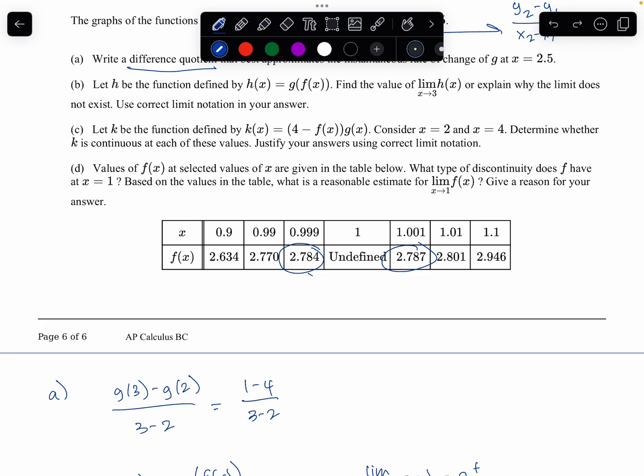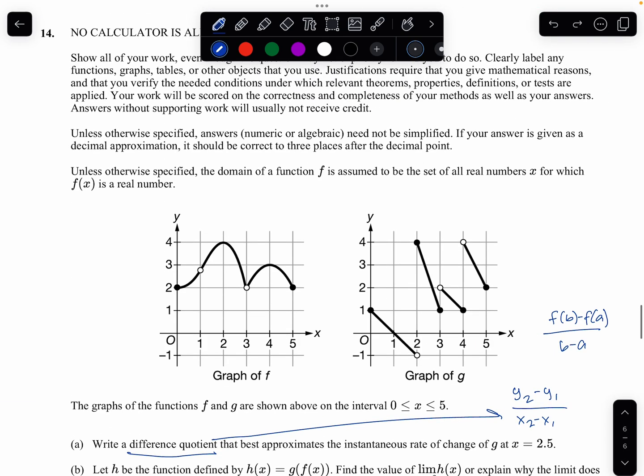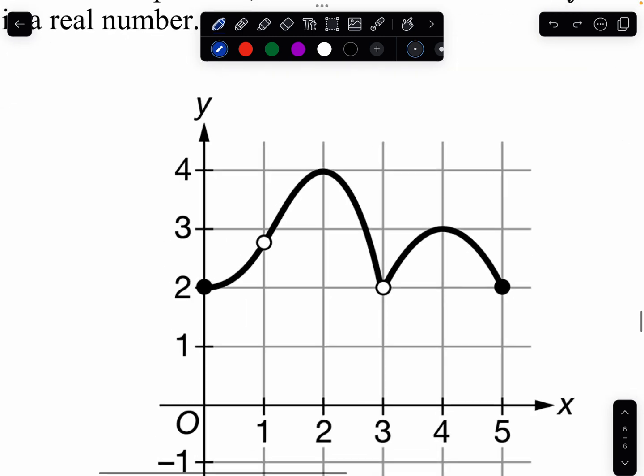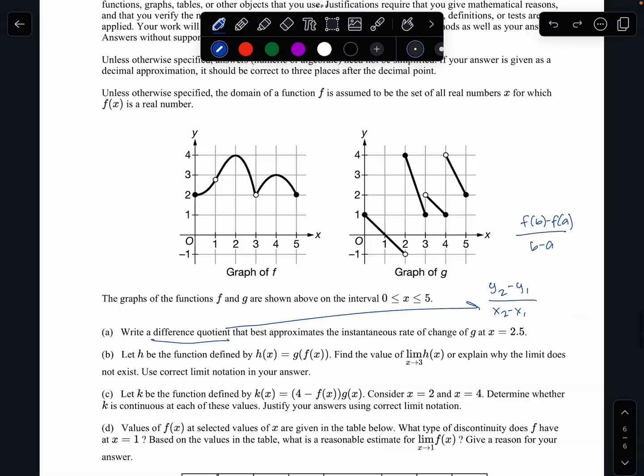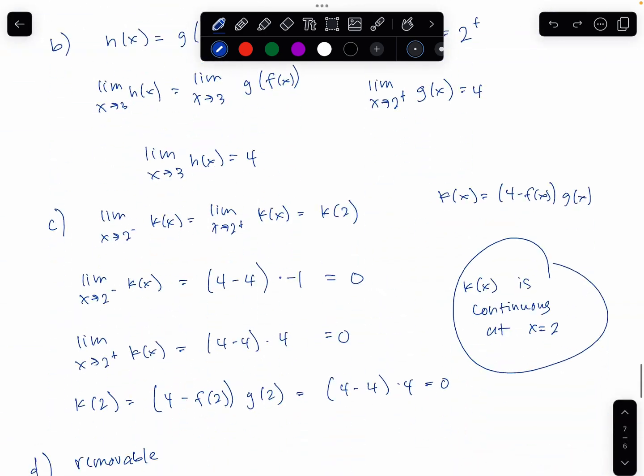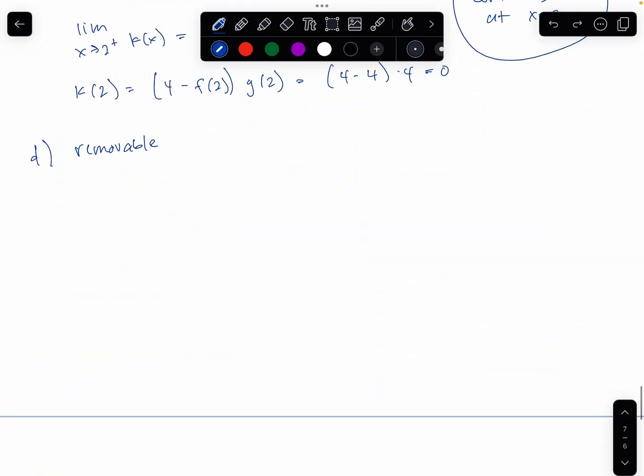If I add these together and divide by 2, that gives me something directly in between these two values, which might give us a reasonable guess. So I would show 2.784 plus 2.787 divided by 2, and if you do that in a calculator, you get 2.7855.